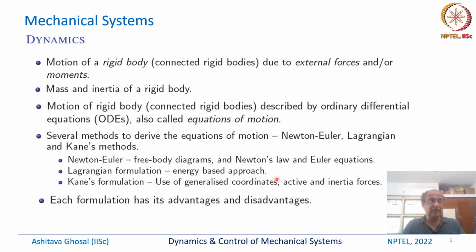We will not look at Kane's formulation in detail in this course. Each formulation has its own advantages and disadvantages. And finally, in dynamics, we also need to look at how to solve the equations of motion. Most of the time, we will be doing numerical solution of the ordinary differential equations.